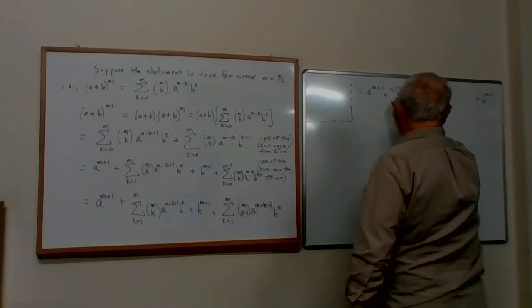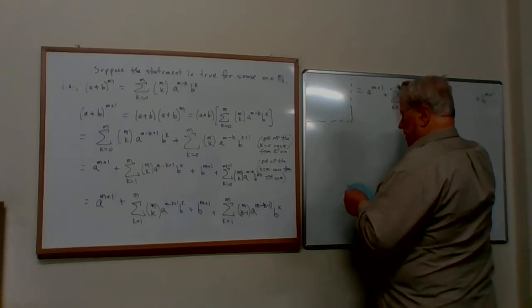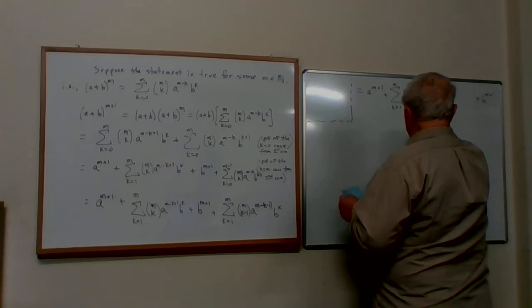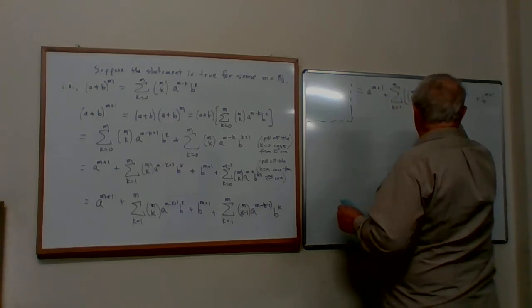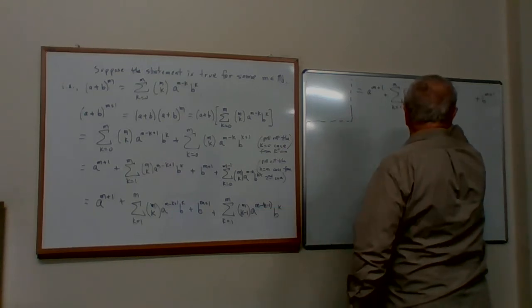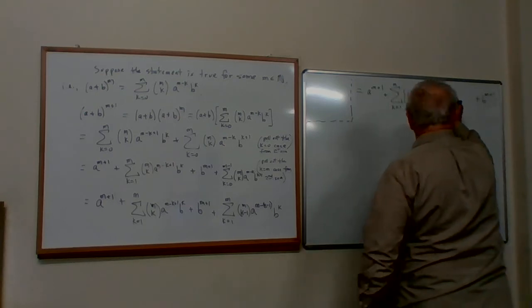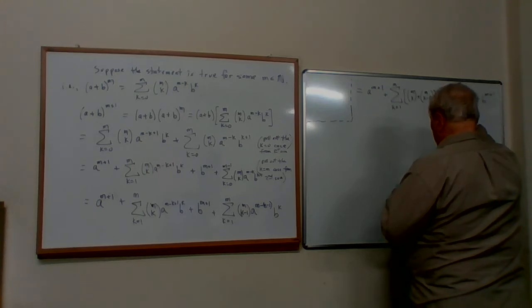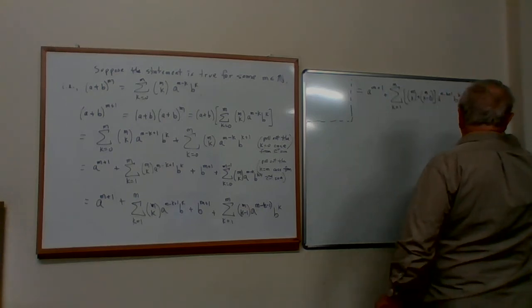But inside now, I can combine the sums from k equals 1 to m of m choose k plus m choose k minus 1, multiplied by this same thing, a to the m minus k plus 1, b to the k, plus b to the m plus 1.